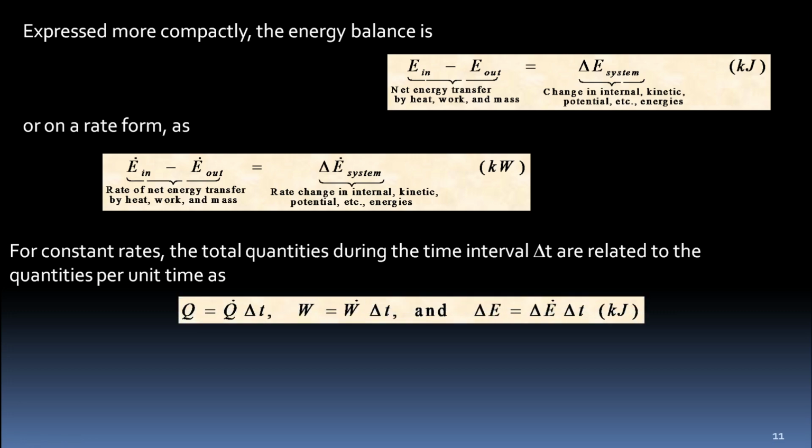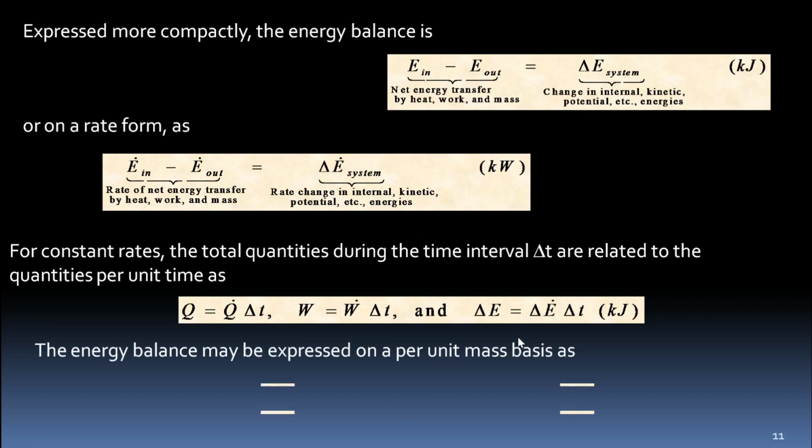So for constant rates, the total quantities during the time interval delta t are related like this. Q is equal to Q dot into delta t, W is equal to W dot into delta t, and delta E is equal to delta E dot into delta t, in kilojoules. When multiplied with time, kilowatts will become kilojoules. Watts is joules per second.